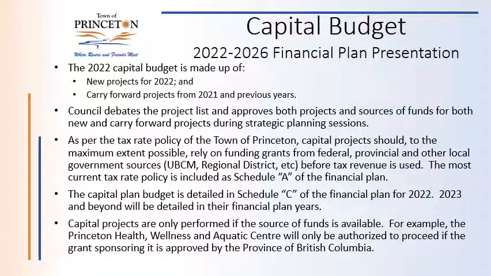This year's capital projects: when we structure the capital projects, we divide them into new projects for 2022 and carry forward projects from 2021 and previous years. When we build especially larger capital projects, they are often multi-year construction based, or they can be built in phases.